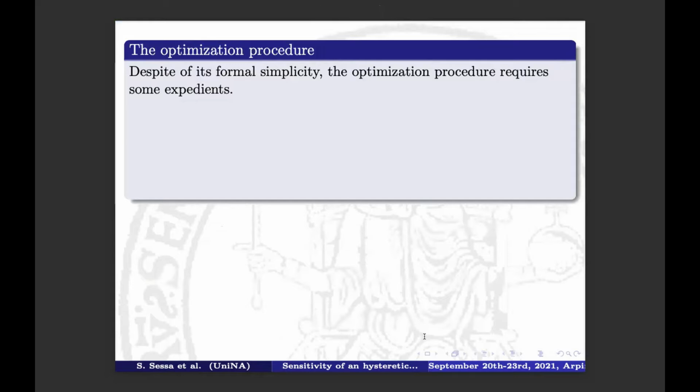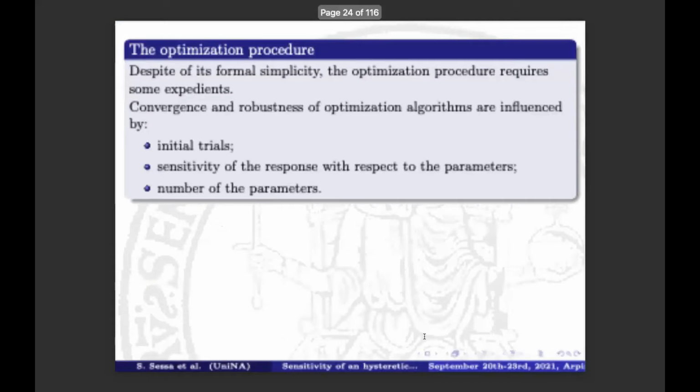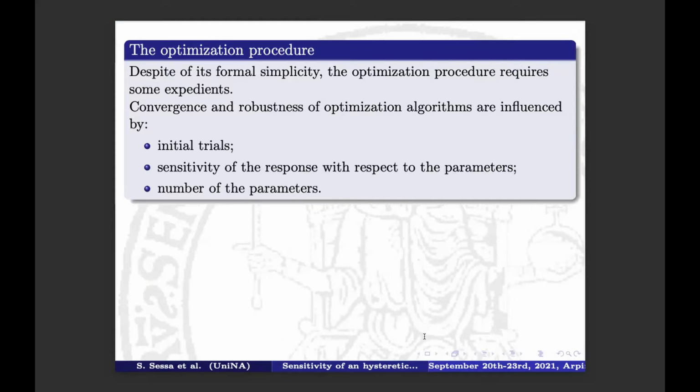Actually, despite its formal simplicity, there are some drawbacks from a numerical point of view, and we need some expedients to get convergence of the algorithm, because the robustness of the optimization algorithm is strongly influenced especially by the initial trials of the parameters, but also by the sensitivity of the response with respect to the parameters and the number itself of the parameters that we consider within the algorithm.